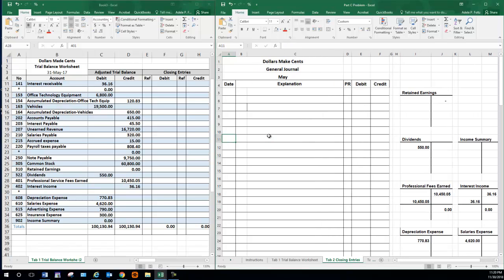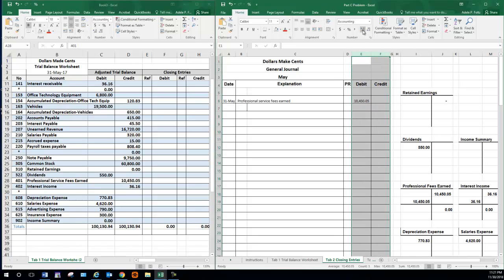I'm going to come over here to my journal entry, and my date is going to be 5/31, the last day of May that I'm closing, and I am going to debit professional service fees earned, and my amount of that debit was $10,450.05. Okay. And I'm also going to be debiting my interest income.